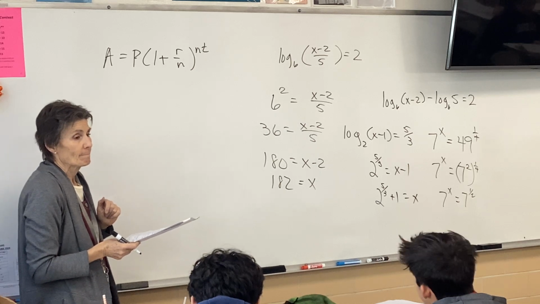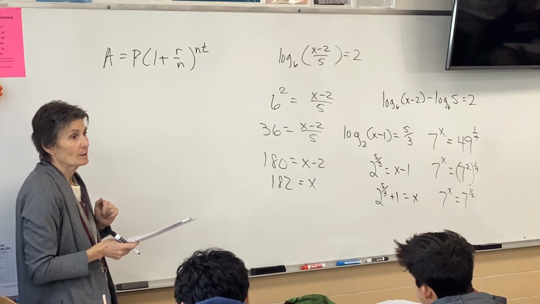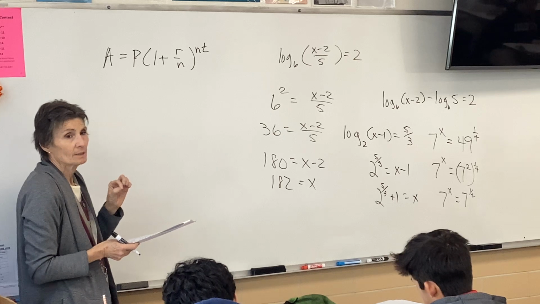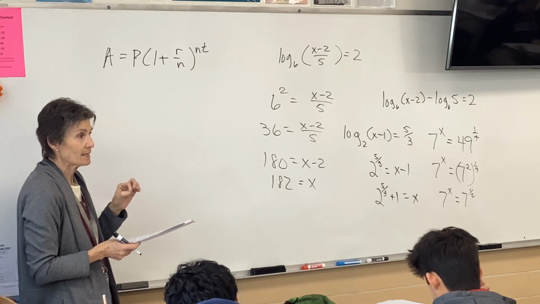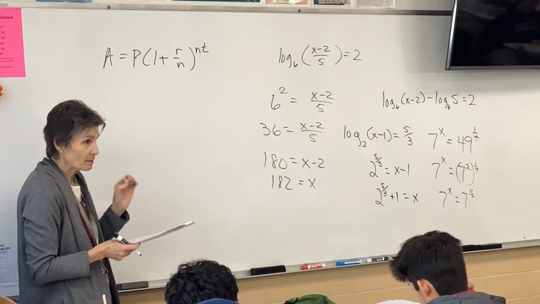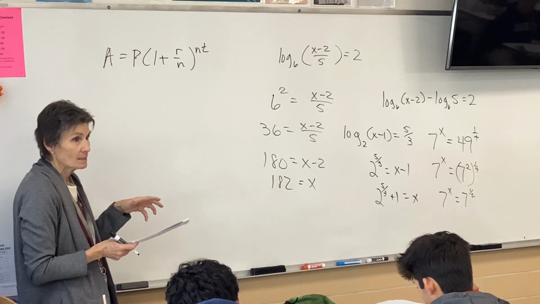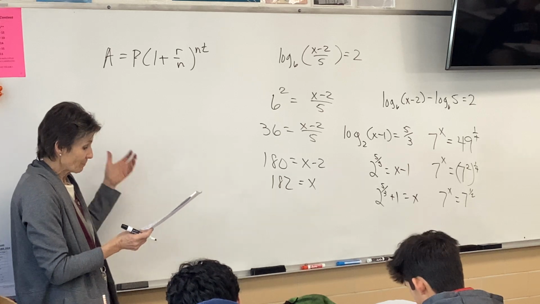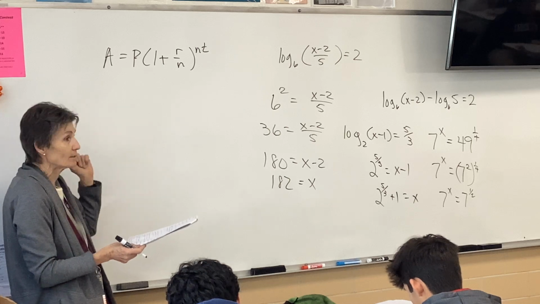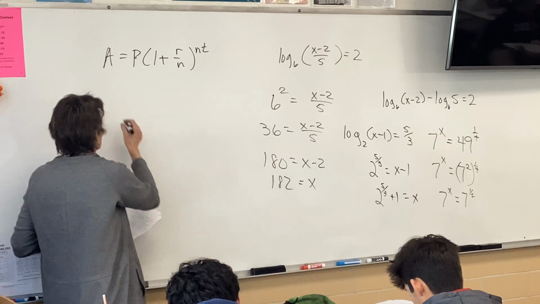We do not use PV or FV unless we are making payments, right? PV and FV are for payments. I am not making payments. I walk down to the bank, I put in $321, I come back 11 years later and there's 987. So this is my formula.